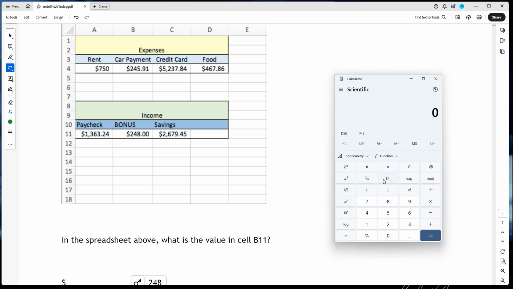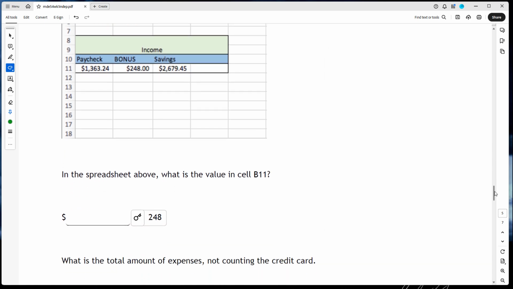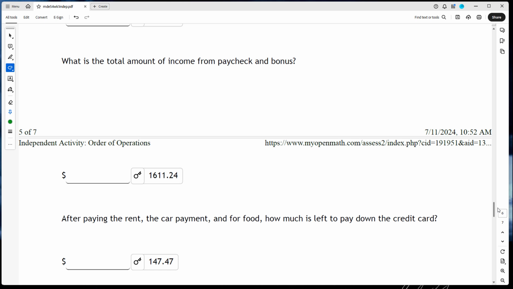Paycheck .24 plus 1,611.24. That's what they have there.